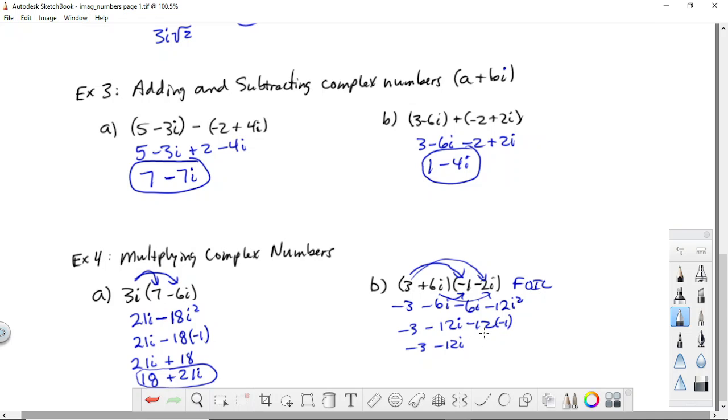And then we have, again, 12 times negative 1, that's negative 12. So we're subtracting negative 12, so we're adding 12. This kind of thing happens all the time. That i squared shows up and you're multiplying by a negative 1. The signs get changed in that manner. So we have negative 3 plus 12. We can combine that, and that makes 9 minus 12i. Okay, that should be correct.